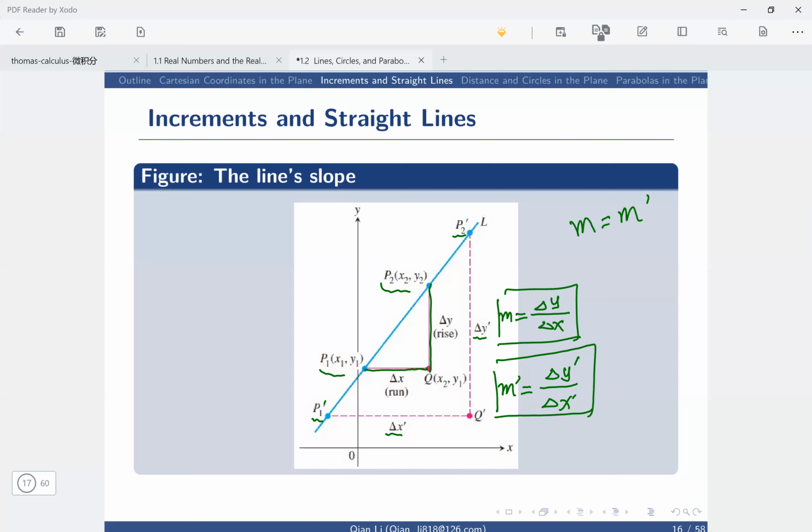So if there is a line, the slope of the line is unique. The slope of the line is unique.